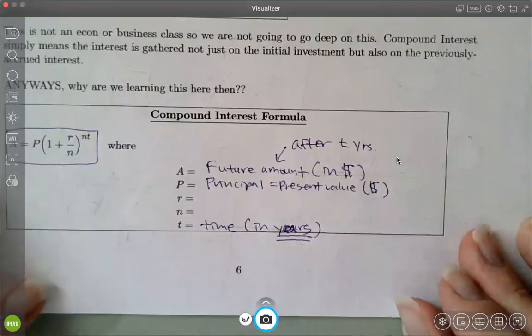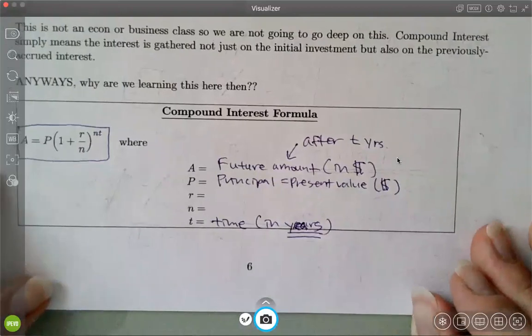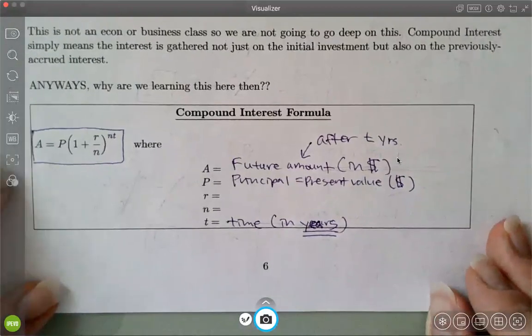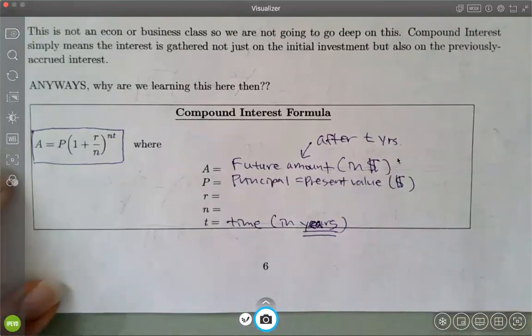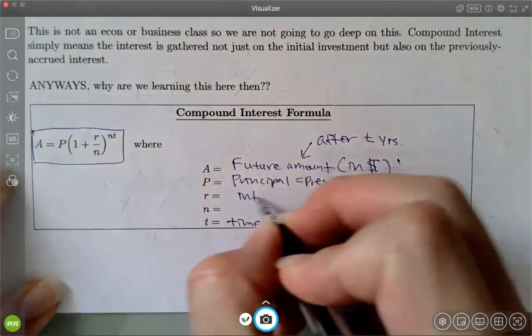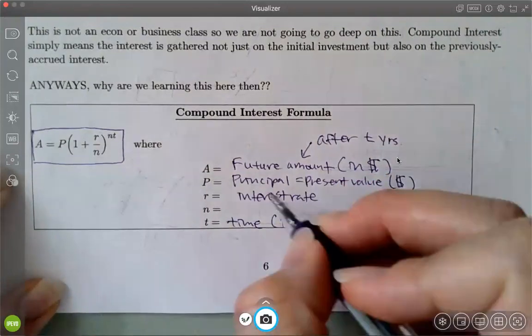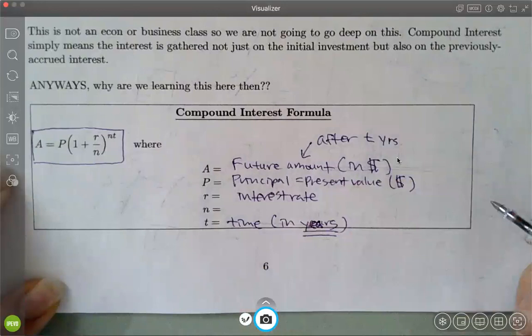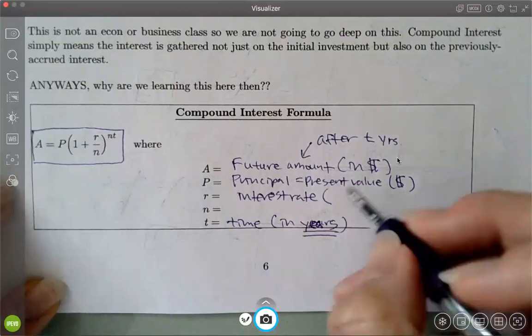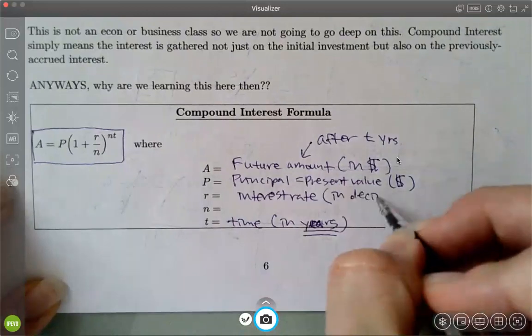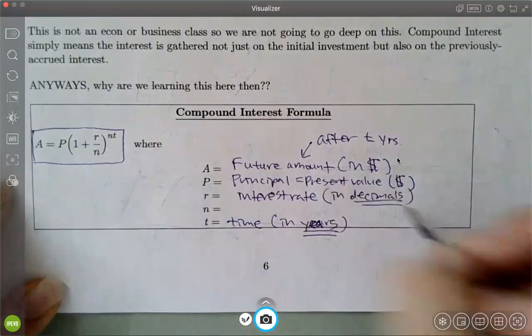Okay, and now any interest carries with what? Interest rate, right? So that is the letter R, interest rate. And now usually interest rate is represented in what? Percent, right? Remember that? That's the usual representation, but here it is in decimals. So what does that mean?